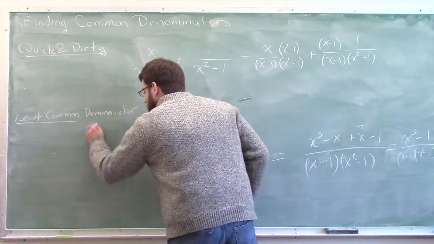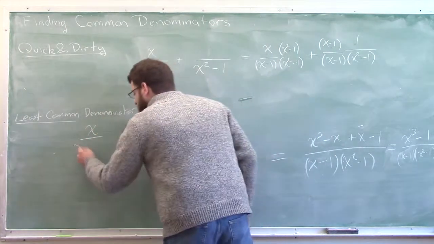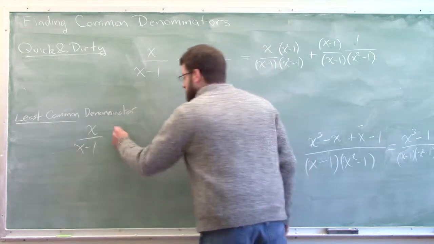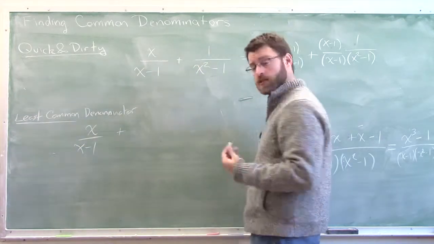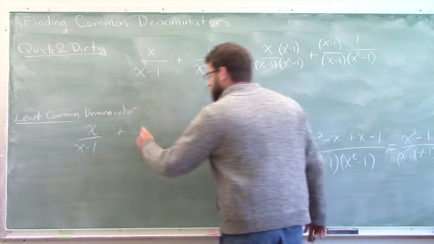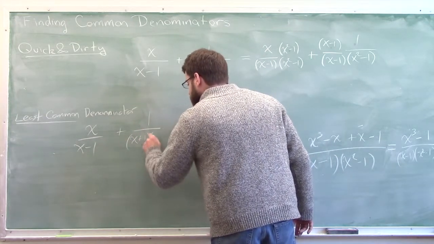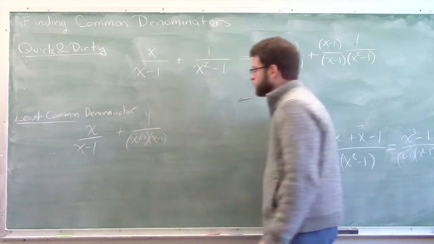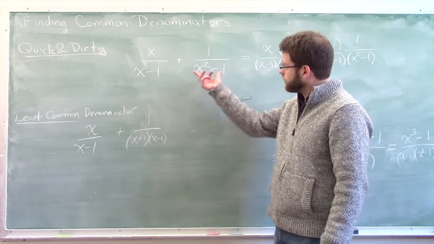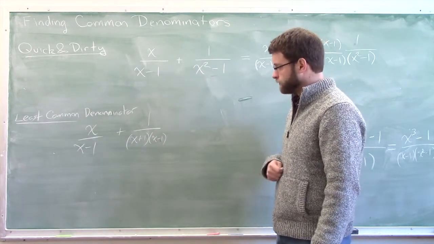So x minus 1 doesn't really factor, it is one piece. But x squared minus 1 is a difference of two squares, so that does factor. So the second piece looks like x plus 1, x minus 1. Okay, that's the difference of two squares pattern applied to x squared minus 1.